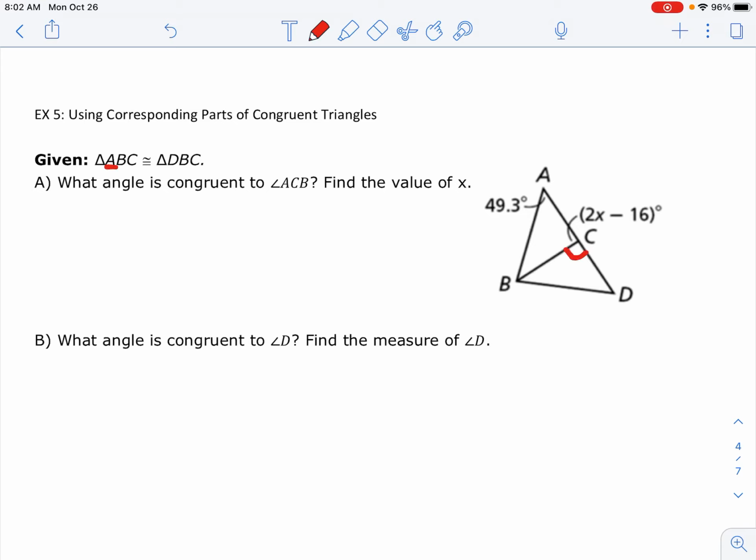If this is 90 degrees here, we know that 2 on a straight line have to add up to 180. So if that's 90, we know that this is 90 because it has to add up to 180 on a straight line. So to solve this, I can take 2x minus 16 and set it equal to 90 degrees because we know that those are congruent.